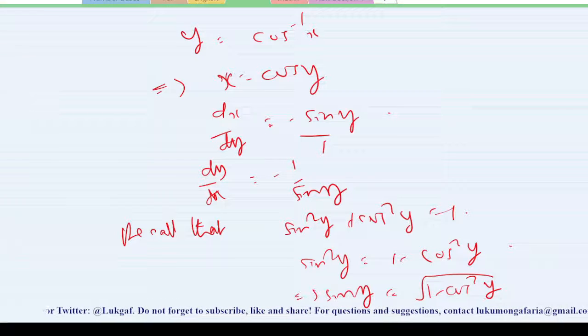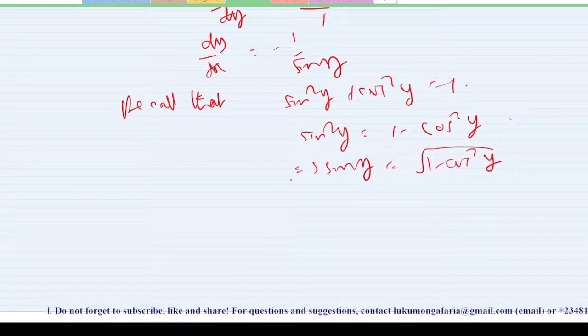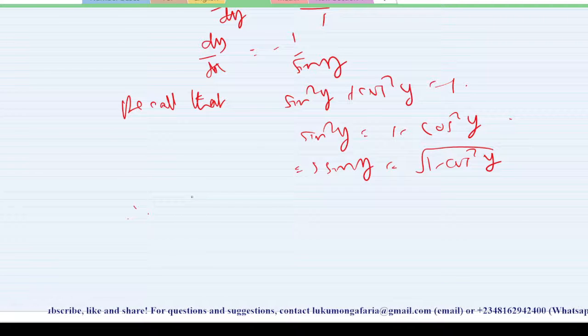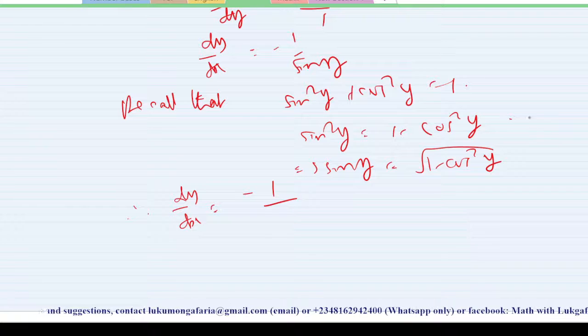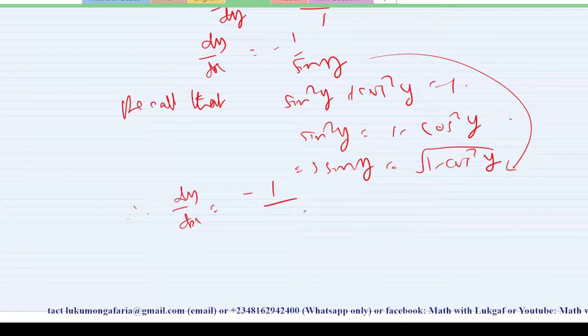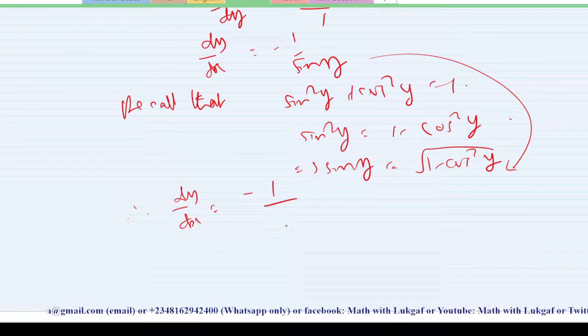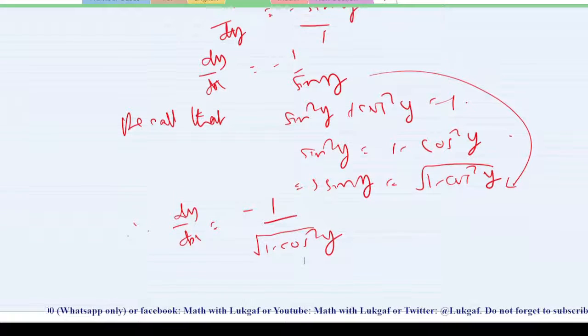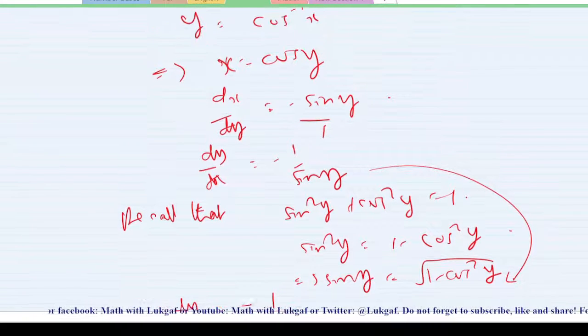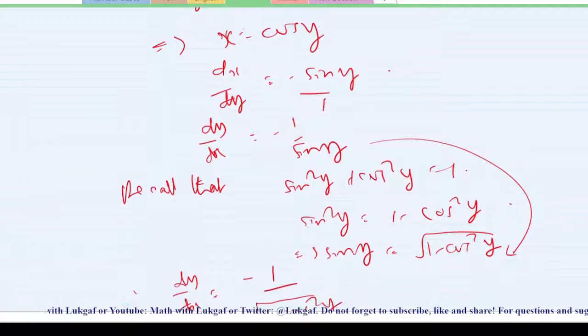So if you now go back to this, then I'm going to have that my dy/dx is going to be minus 1 over, I said my sin y is the same thing as what? Square root of 1 minus cos squared y. And if you look at your question, we have that s is cos y, right?